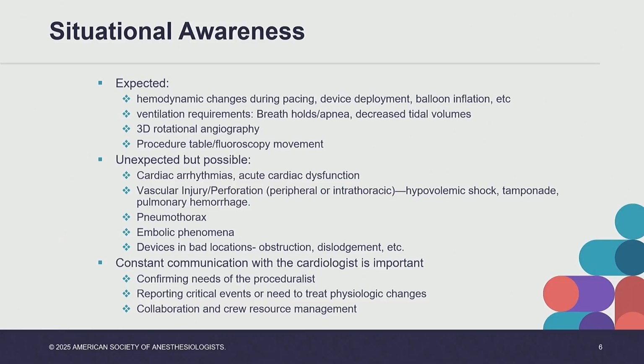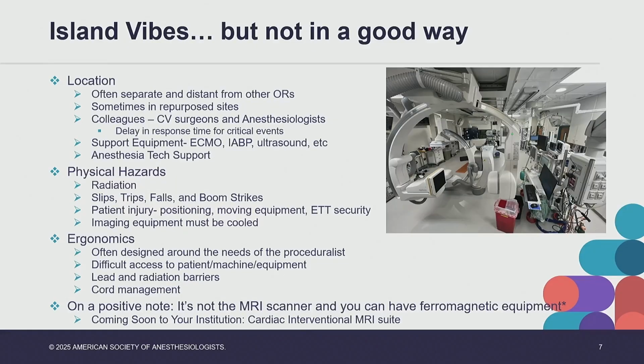And of course, when things go south, you need to have a plan for collaboration and crew resource management. It does feel like an island when you're in the cath lab, at least in my institution. We're not right next to all the other ORs, so you have to understand that help is further away.